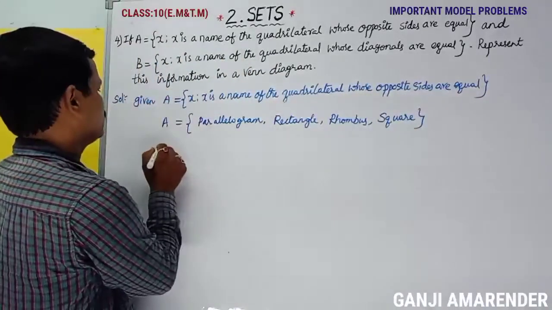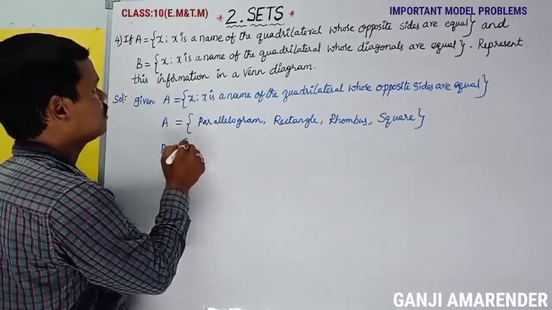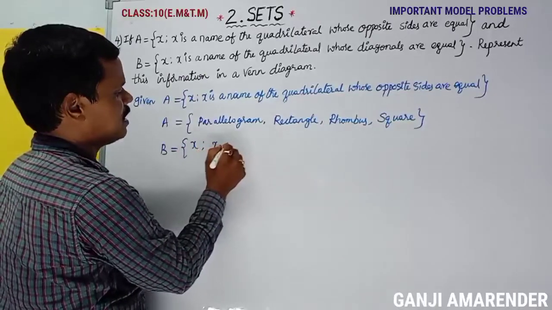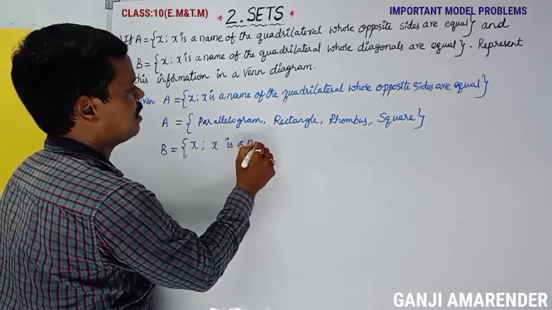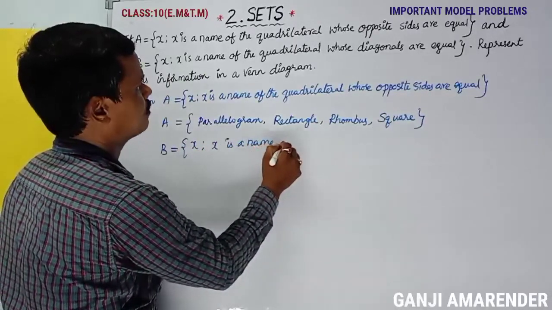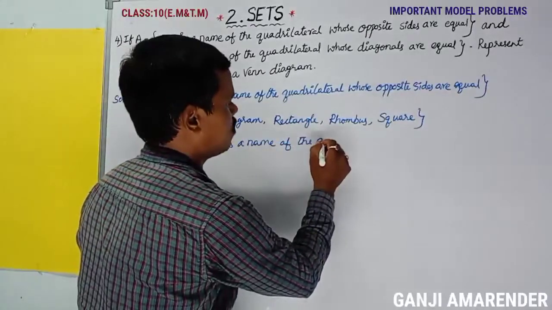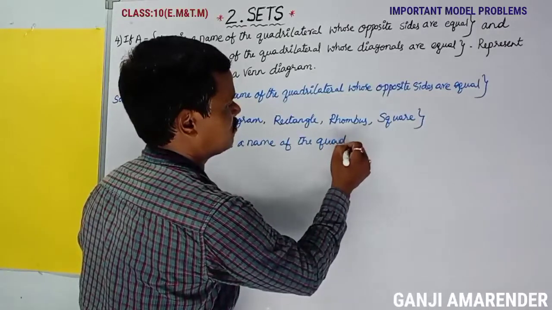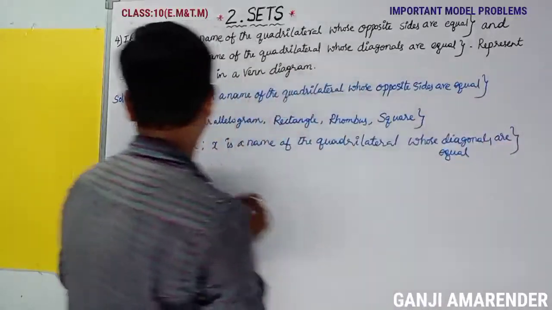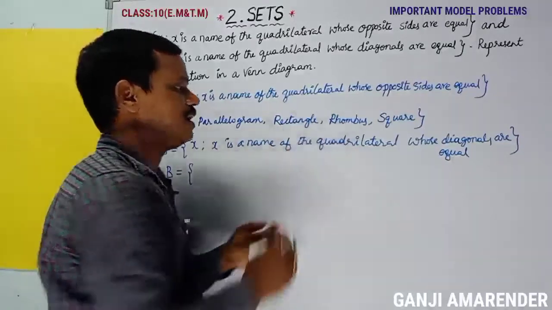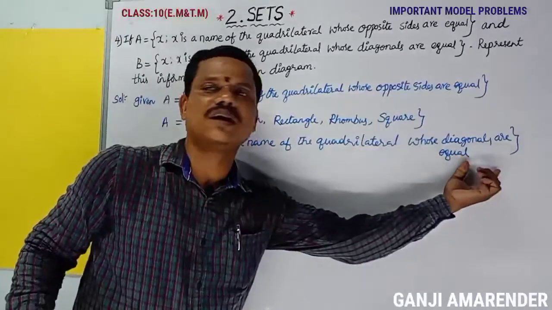Okay. Next, set B is given: x such that x is a name of the quadrilateral whose diagonals are equal. Here set B is equal. What are the elements? Name of the quadrilaterals whose diagonals are equal.